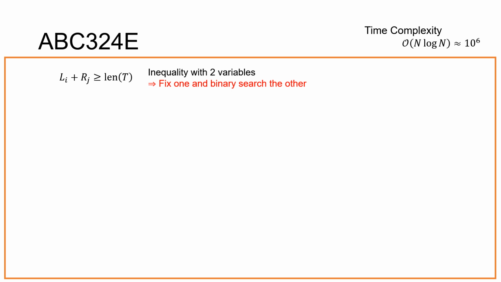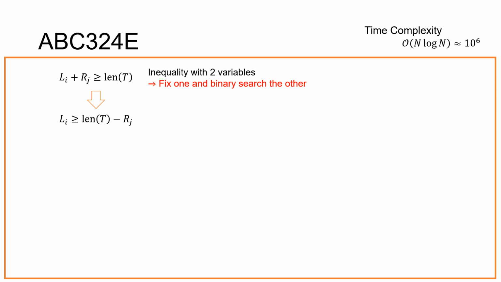Here we have a typical technique related to an inequality with two variables. That is, to fix one variable and binary search the other. To do that, first rearrange it with respect to one variable like i.